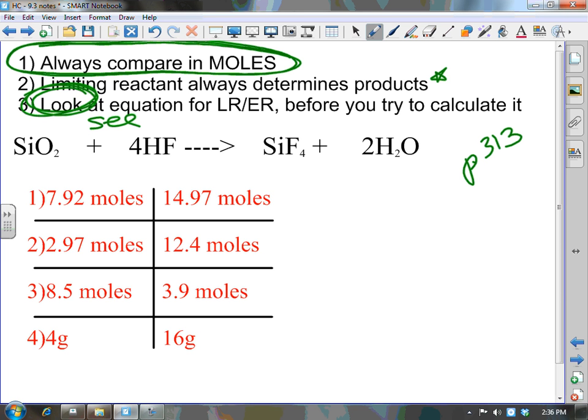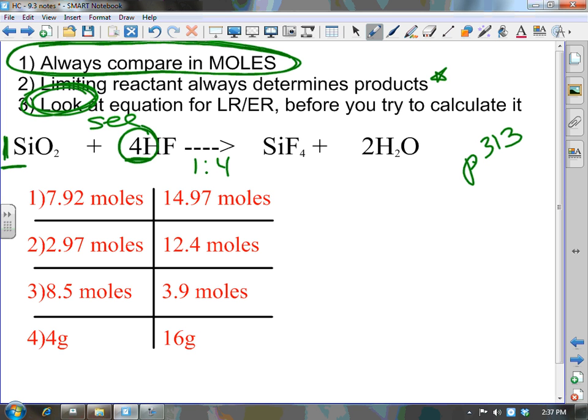If we look at the reaction here, SiO2 plus HF yields SiF4 and H2O. The ratio between SiO2 to HF is 1 to 4. I need 4 times more HF than I do SiO2 to make the reaction work. So now, what I have are just 4 different examples. So this is saying what if.